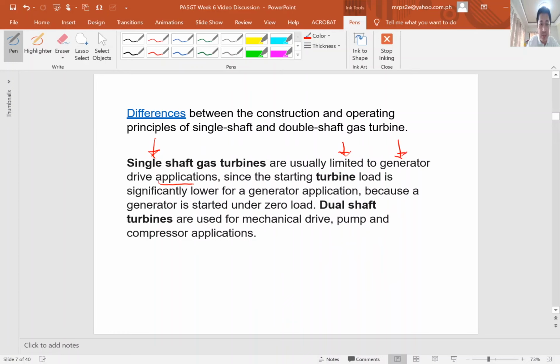Okay. While the double shaft turbines are used for mechanical drive, pump, and compressor application. So those are the applications of the single shaft gas turbines and double shaft gas turbines.